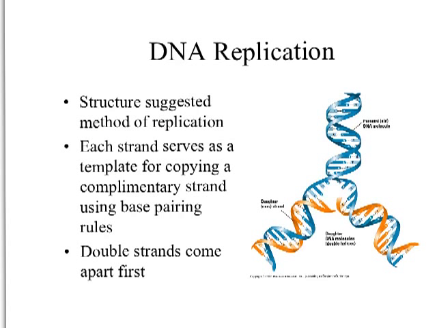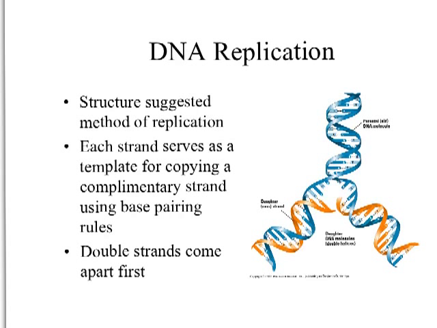So the structure is going to suggest the method of replication, because the structure suggests that these 2 strands could come apart and serve as a template for copying the complementary strand using the same base pairing rules, the A's with the T's and the G's with the C's.